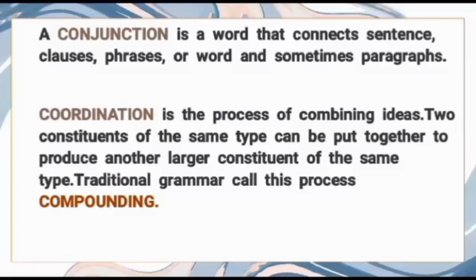F stands for for, A stands for and, N stands for nor, B stands for but, O stands for or, Y stands for yet, and S stands for so. So take note of that word.